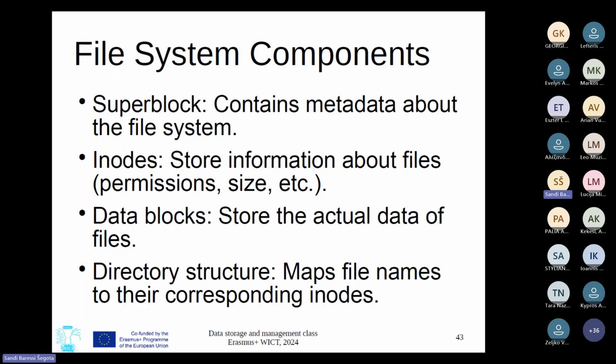And finally, there's the directory structure, which essentially allows you to have directories. If you open your file navigation system, I assume most of you are on Windows, you're going to see that tree that you have from your C drive, going to Users, your username, etc. That's basically the directory structure, and that allows for organization, right?